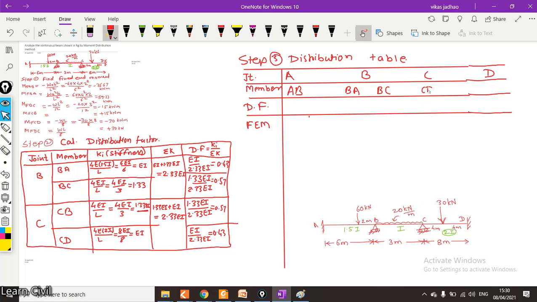So write down here CB and CD. At this joint D, we have only one member, that is DC. So write down here DC. I'll just move this D to the right hand side.